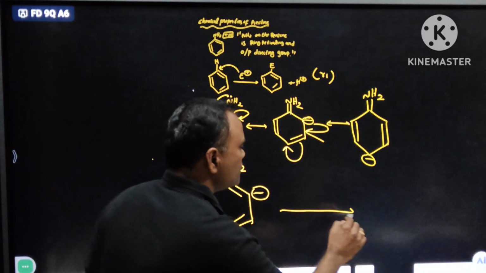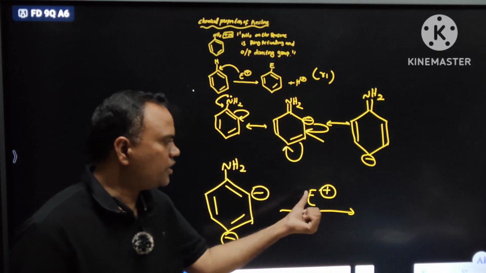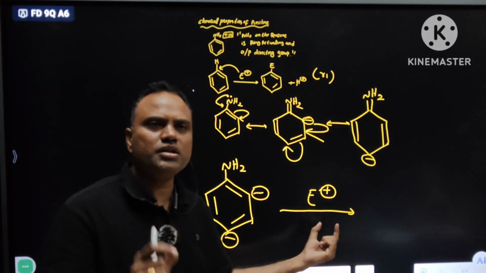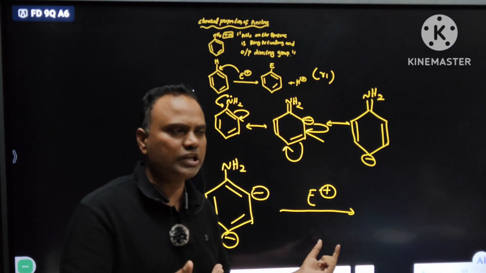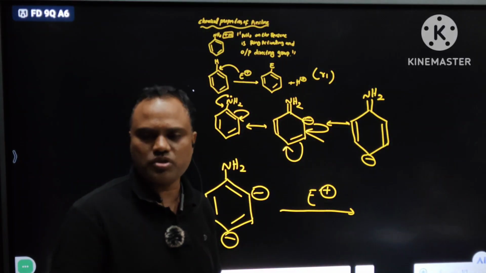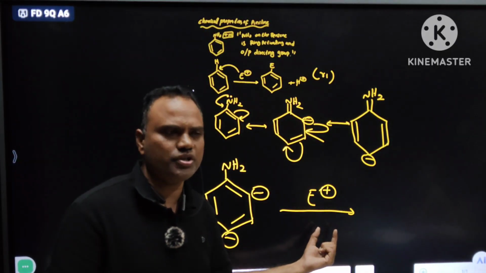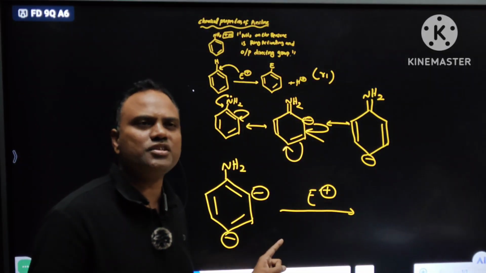Now let us add the electrophile. Now the electrophile will attack on the ring, but see, the electrophile needs negative charge. Electrophile means electron deficient. It requires negative charge, electrons. You tell me, on this ring where is electron density more?